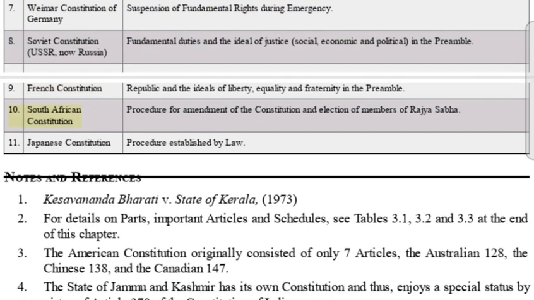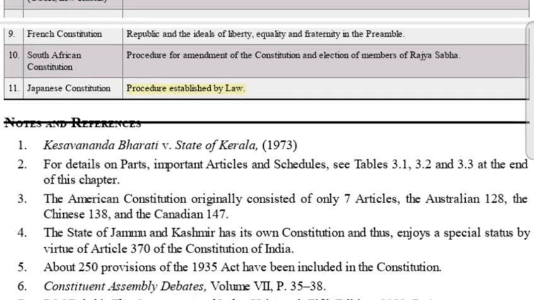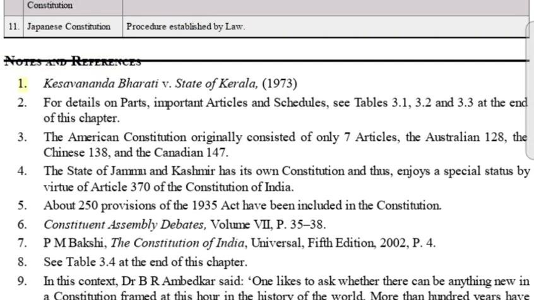French Constitution, 10. South African Constitution, 11. Japanese Constitution: Republic and the ideals of liberty, equality and fraternity in the preamble, procedure for amendment of the Constitution and election of members of Rajya Sabha, procedure established by law.